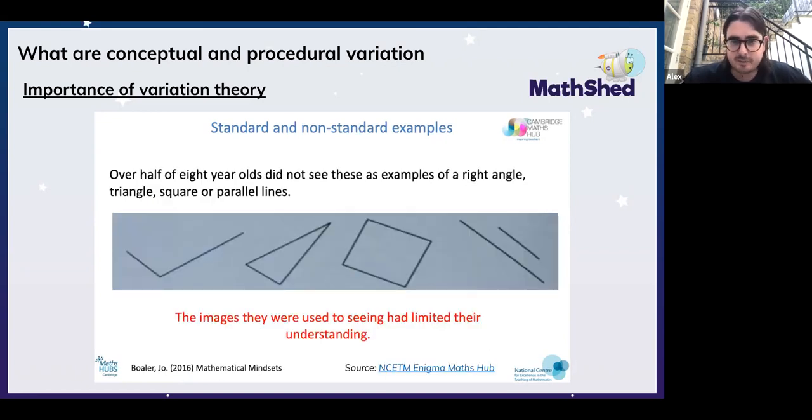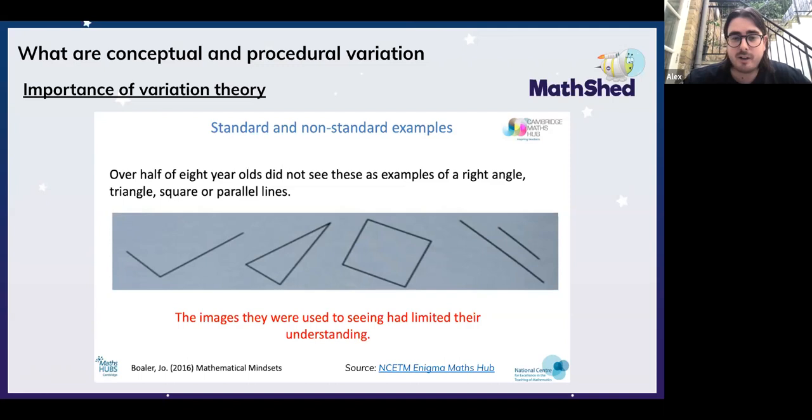Again, here, children were unable to identify right angles and parallel lines, and even triangles and squares, because they were used to seeing them in one set format. So on the right hand side, you have the pair of parallel lines. One line is shorter than the other.